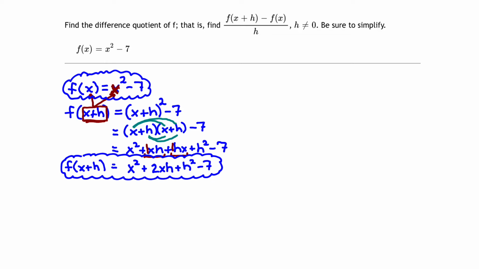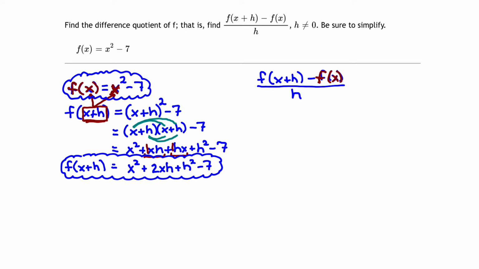So now I want to substitute these two expressions into our difference quotient. Recall, our difference quotient is f of x plus h minus f of x, all divided by h. And let me color code things to make it a little more clear. I see that f of x right here is an expression that I'm going to have to substitute into the difference quotient right here.